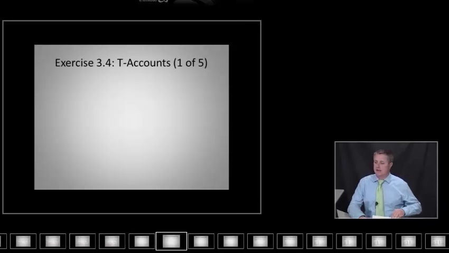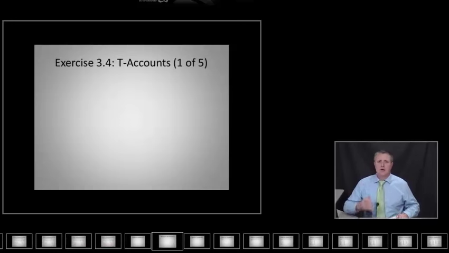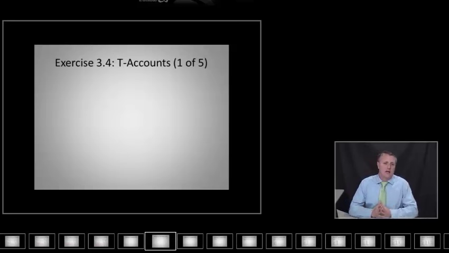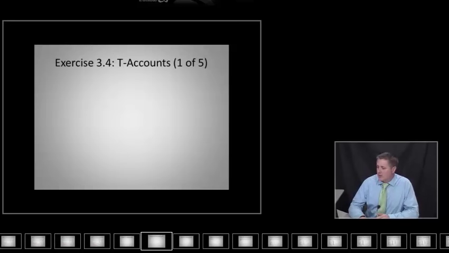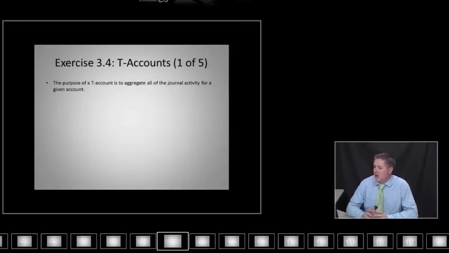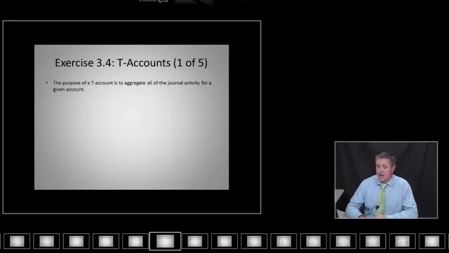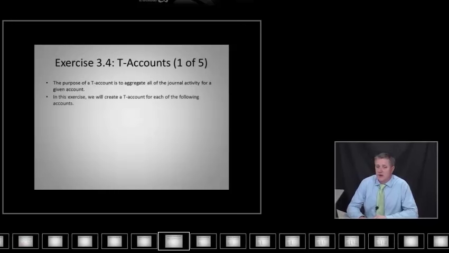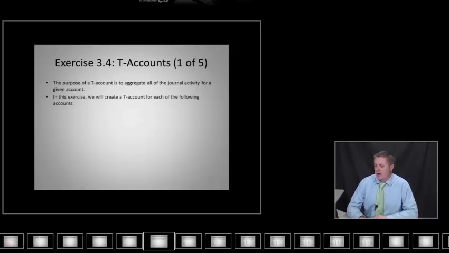Let's move on now to exercise 3.4, and here we're going to be looking at the creation of what's called a T account. You can think of the purpose of a T account as being to aggregate all of the journal activity for a specific account. So in this exercise, we're going to create a T account for each of the following accounts.